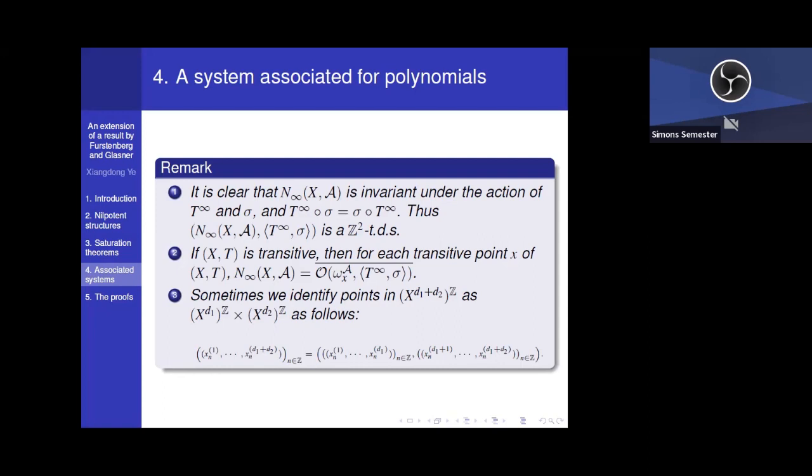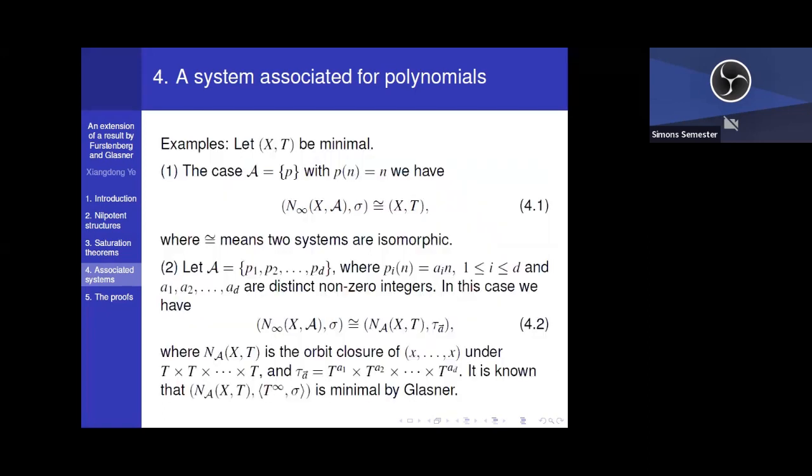Also, if xt is transitive, the choice of x does not depend on the transitive point. So if it's minimal, you can define it using one point. Let me see some examples.